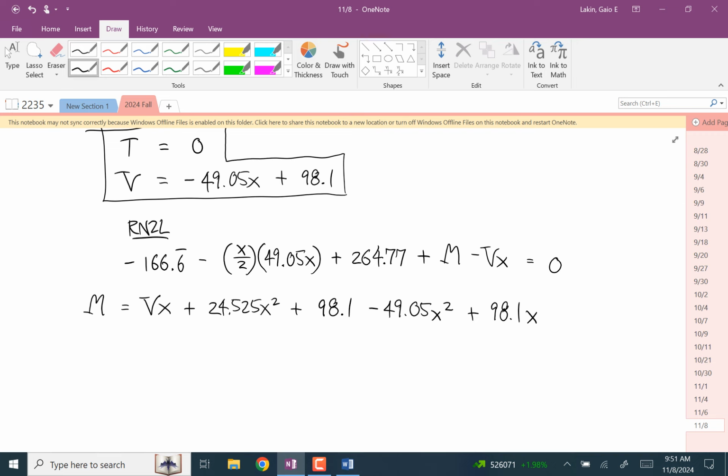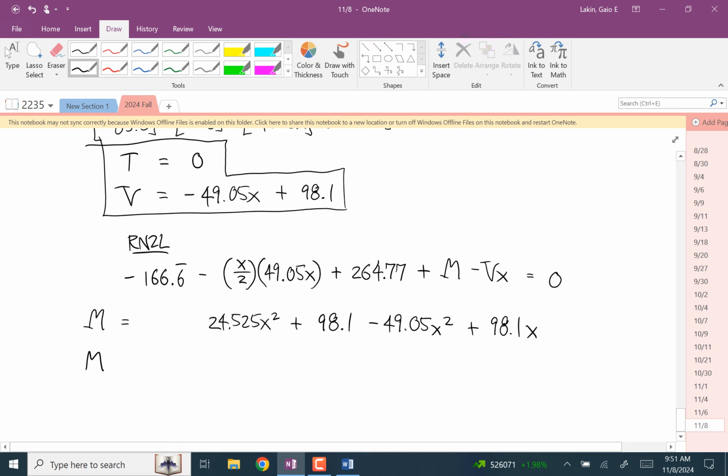Oh, that's the Vx. And so M is equal to negative 24.525x squared plus 98.1x plus 98.1.